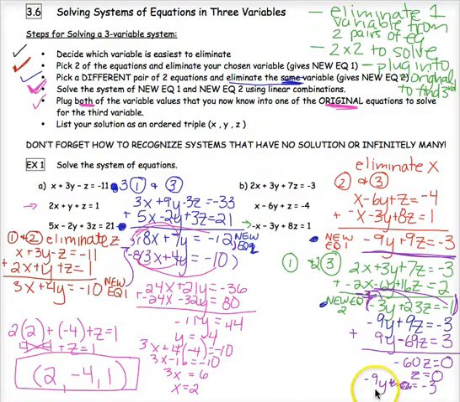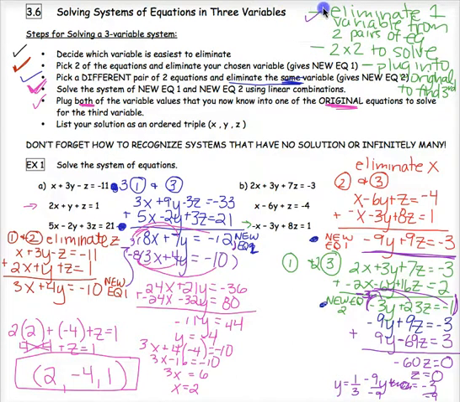So divide by negative 9. Be careful here. Negative 3 divided by negative 9 is not 3. The bigger number's on the bottom, so that means this is 1/3. So y is 1/3, always fraction form. So z is 0, y is 1/3.